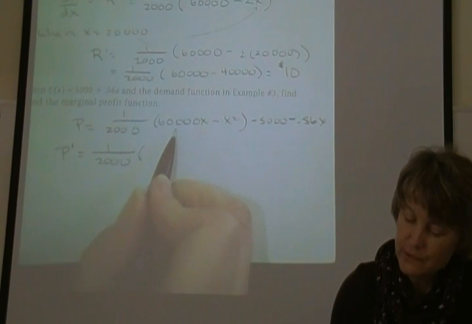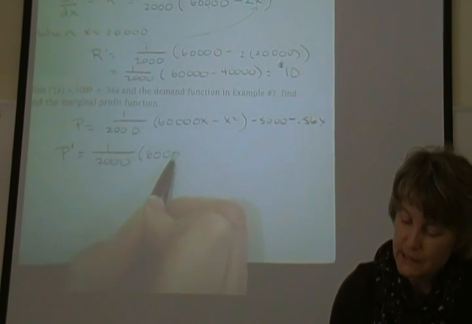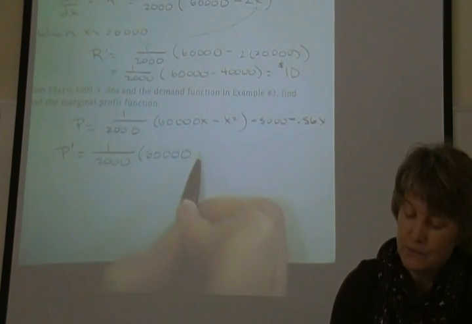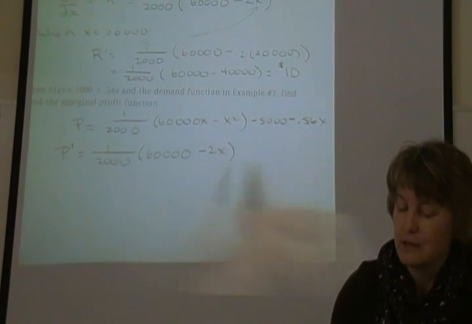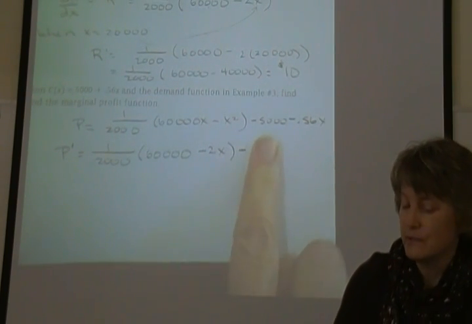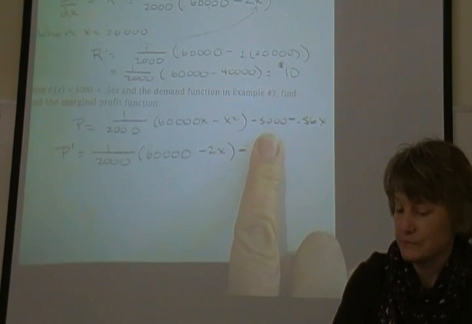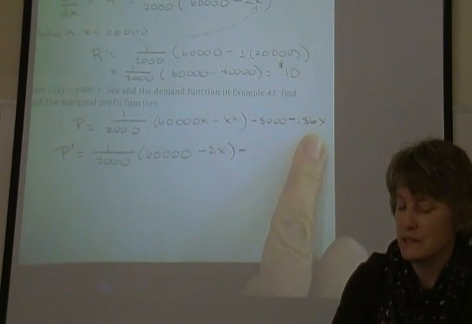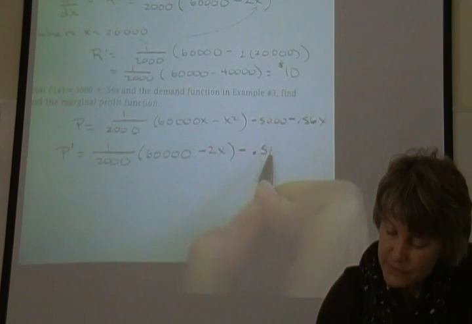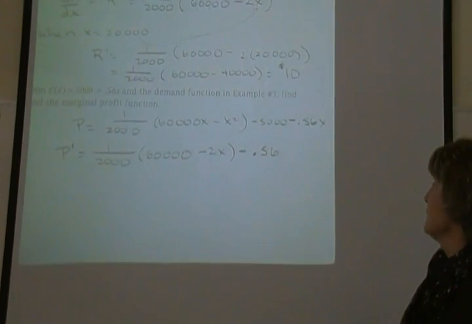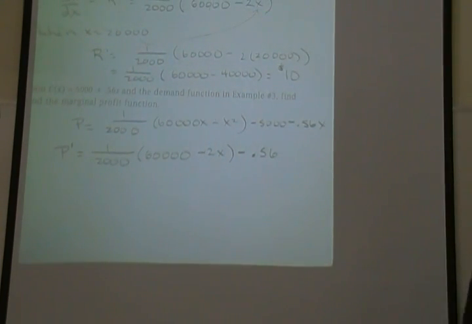I'm going to take the derivative of 60,000x, just like I did up top, and the derivative of x squared. Minus the derivative of 5,000 is 0. The derivative of this is 0.56. There is my marginal profit function. And I can then calculate that marginal profit for any particular value of x that they want.